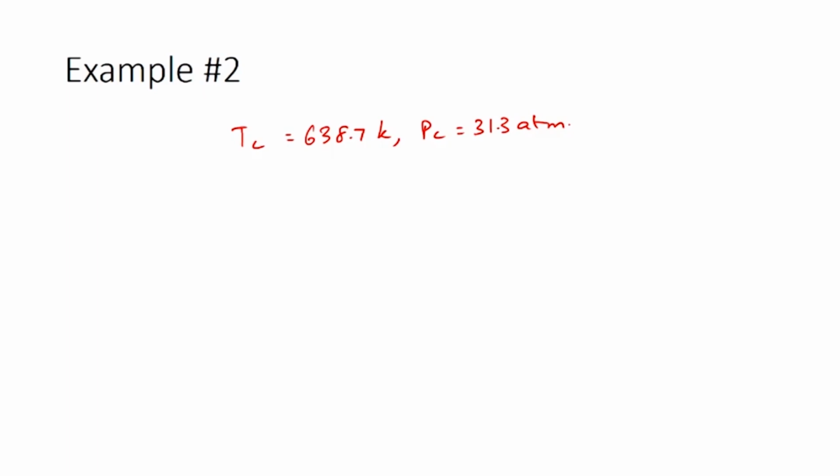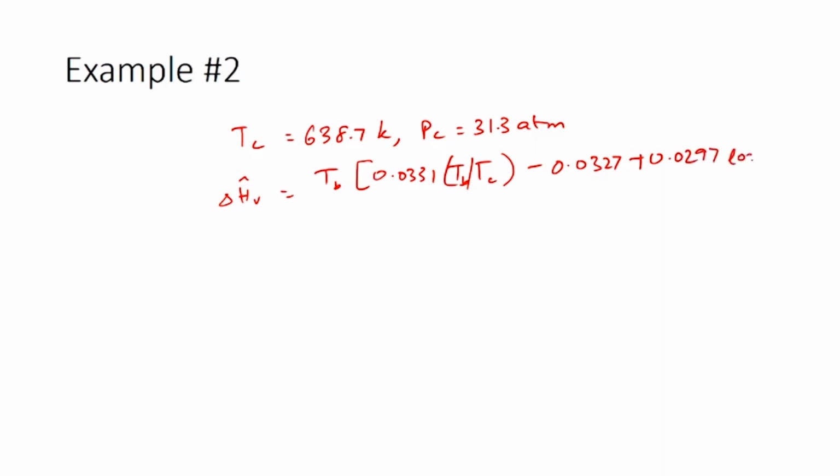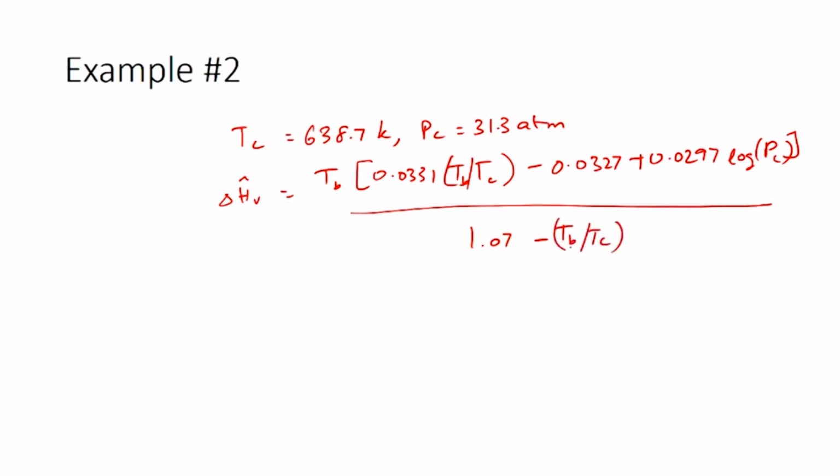We use these values in Chen's equation: delta H cap V equals boiling point temperature times 0.0331 times boiling point divided by critical temperature minus 0.0327 plus 0.0297 log of critical pressure, divided by 1.07 minus boiling point temperature divided by critical temperature.